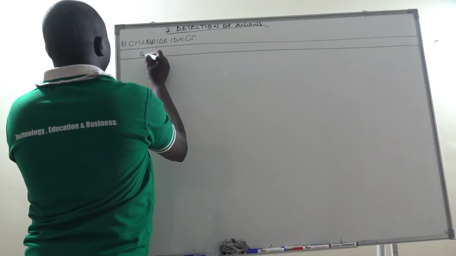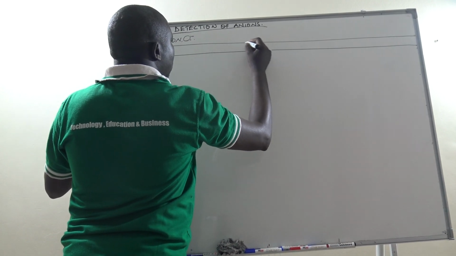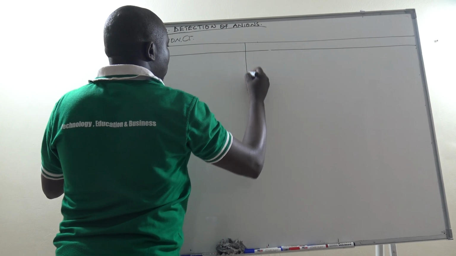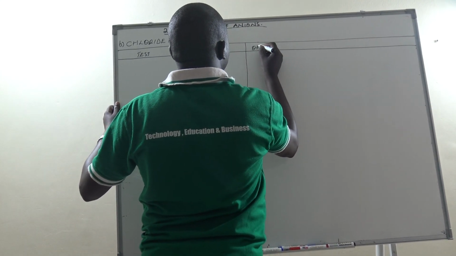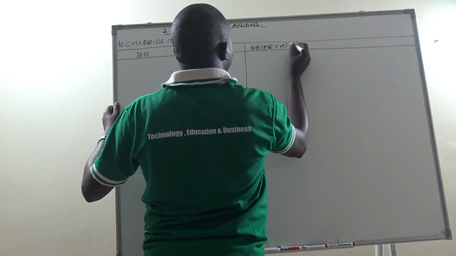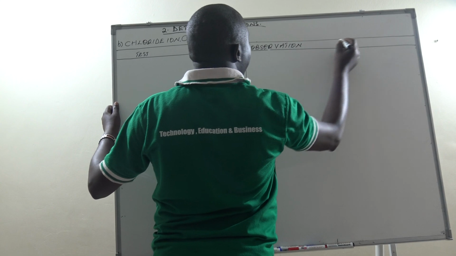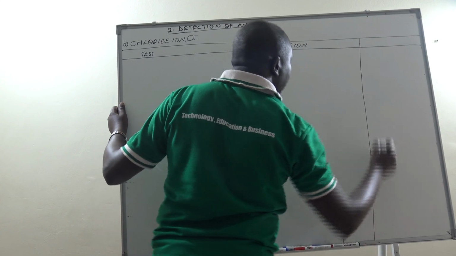So we have here test, we have observation, and then we have our deduction.